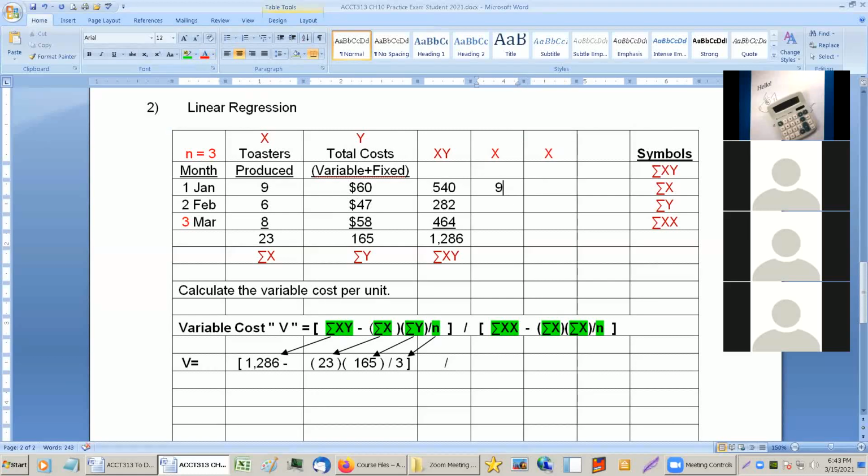So 9, 6, 8. You're just multiplying those, maybe like this. So 9 times 9 is what, 81?